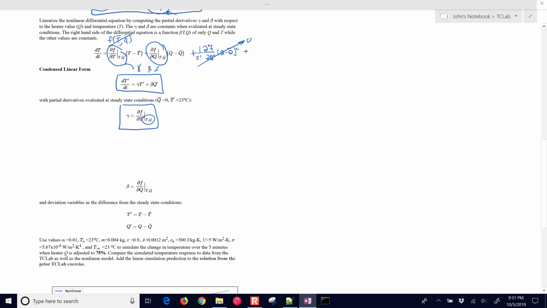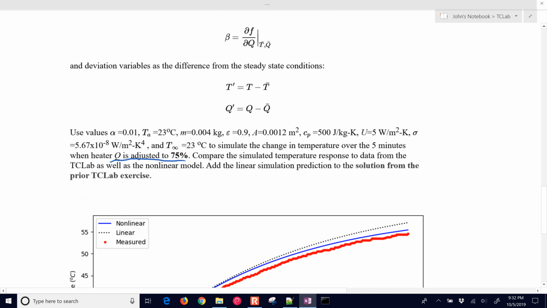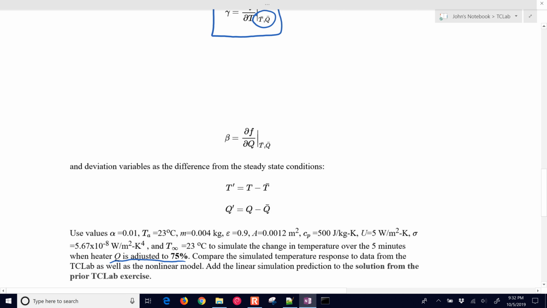And then we're going to use these values right here: alpha, TA, m, epsilon, A, c sub p, U, sigma, which is the Stefan-Boltzmann constant, and then T infinity. We're going to adjust the heater to 75% over 5 minutes, and we can take the solution from the prior TCLab and then add to it, and then we'll simulate it.